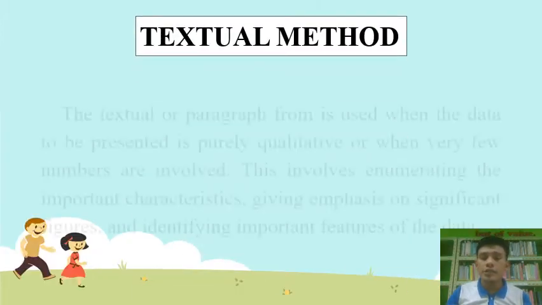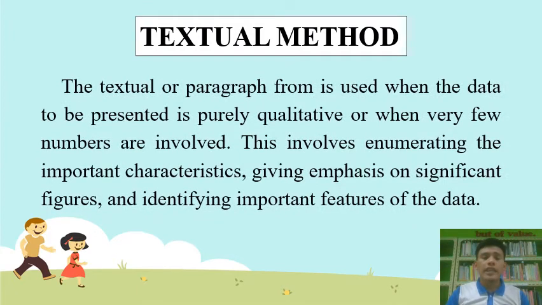When we say textual method, the textual or paragraph form is used when the data to be presented is purely qualitative or when very few numbers are involved. This involves enumerating the important characteristics, giving emphasis on significant figures, and identifying important features of the data.